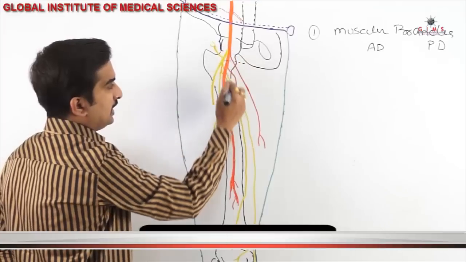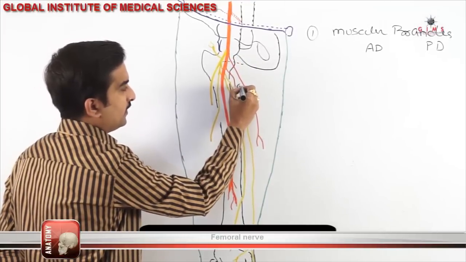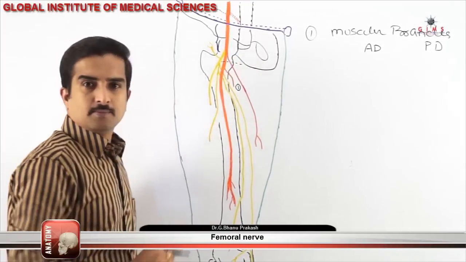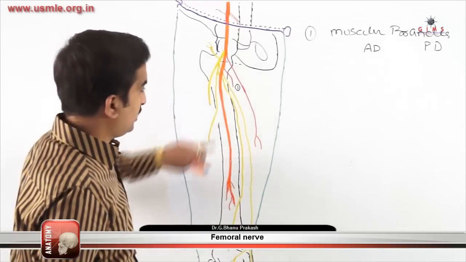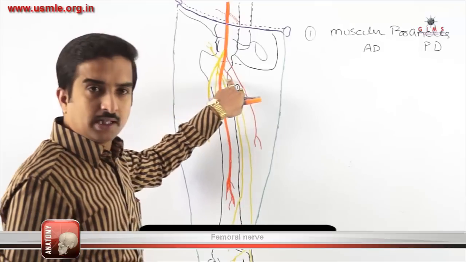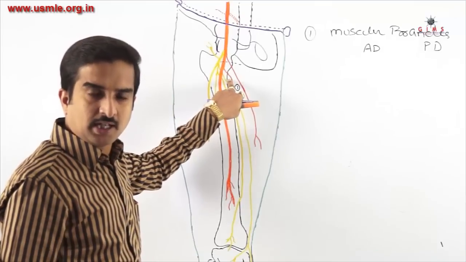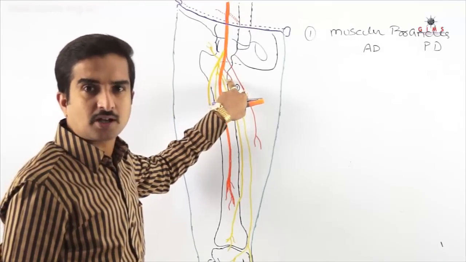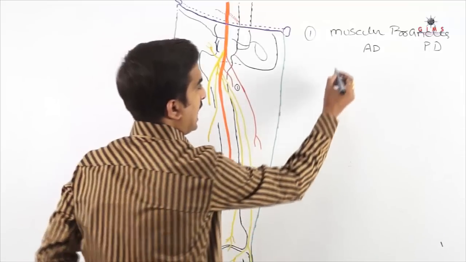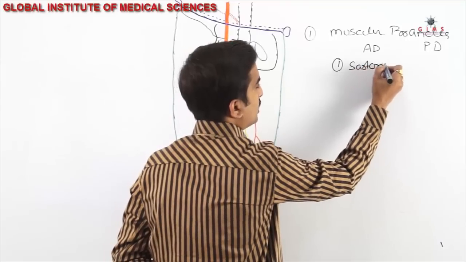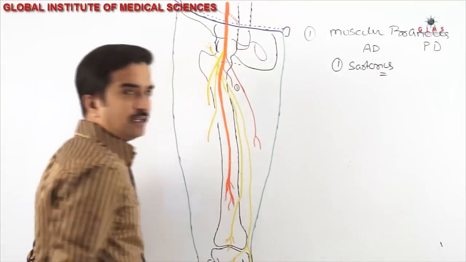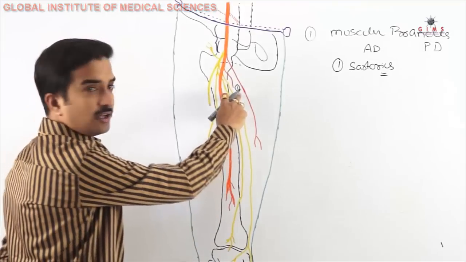So you can see the anterior division is giving one muscular branch. The anterior division of the femoral nerve gives one muscular branch. It is the nerve to sartorius.